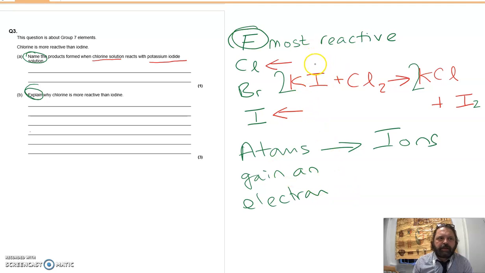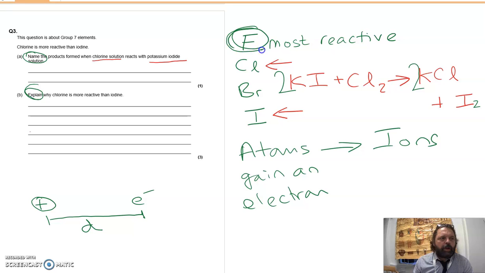The smallest atom is the most reactive. And our answer here needs to be in terms of where you've got your positive nucleus and you've got shells of electrons. The attraction between the negative electron and the positive nucleus depends on the distance.